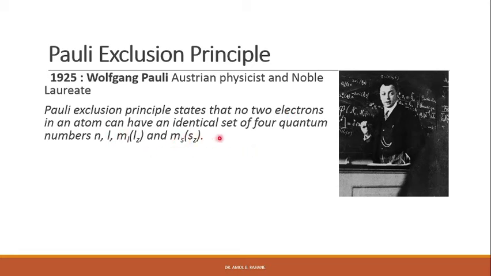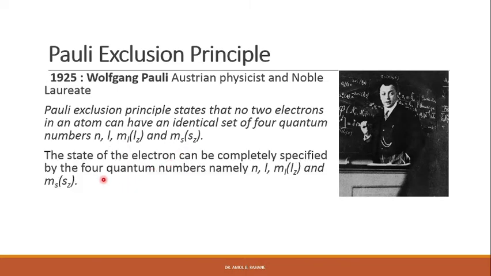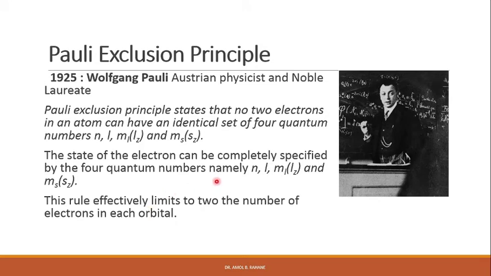The Pauli exclusion principle states that no two electrons in an atom can have an identical set of four quantum numbers n, l, ml and ms. The state of the electron can be completely specified by these four quantum numbers. So this rule effectively limits to 2 the number of electrons in each orbital.